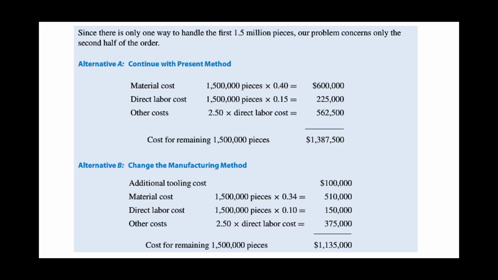You can use this engineering analysis by looking at alternative A and alternative B and figuring out which one's going to actually cost the least. In this case, changing the manufacturing process is a significant decrease, looks like $200,000. So it could save the company a lot of money, which they could use to invest in something else.